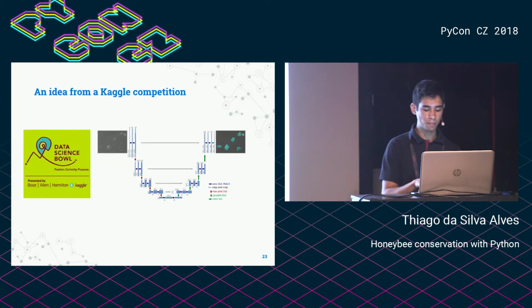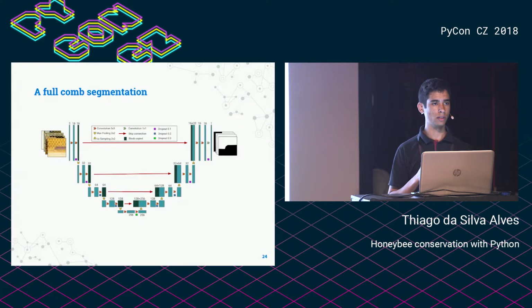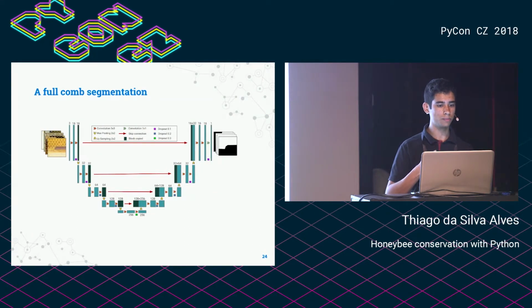And we thought, maybe we can use the same strategy, but we can put in one side some small pieces of the image and expect that the neural network learns to make the prediction of only the area where the comb really is.